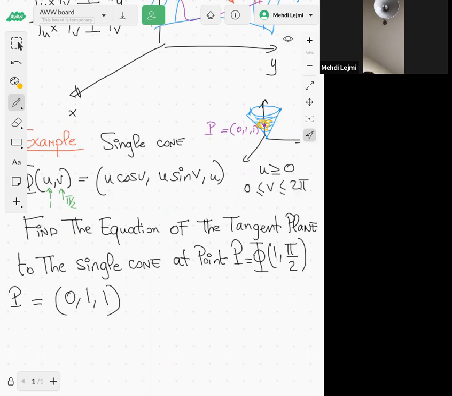All right, guys. So let me just remind you the formula. How do you find the equation of the tangent plane? The tangent plane passes through P and has a normal vector TU cross TV. Let me just remind you in general the equation of a plane.